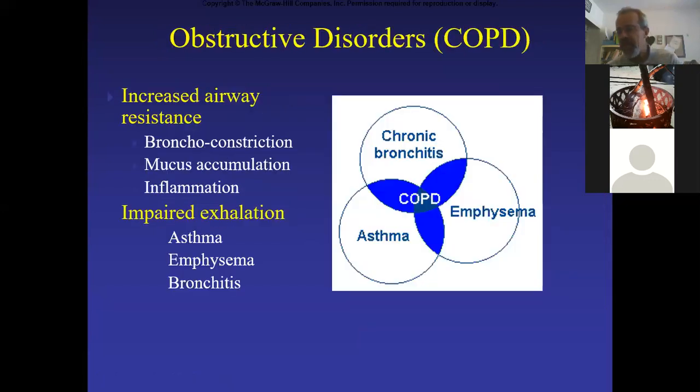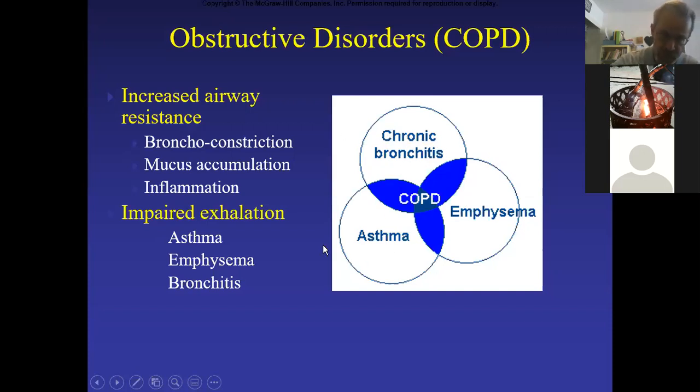All right. Now let's take a look at some obstructive disorders, otherwise known as COPD. It's a family of different disorders. Three of them fall into that category. We have asthma, emphysema, and chronic bronchitis. Chronic bronchitis I'm not going to talk about today.